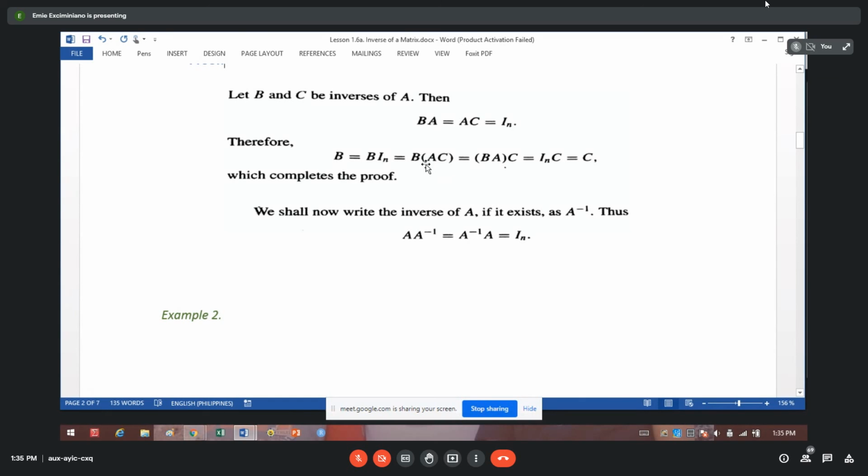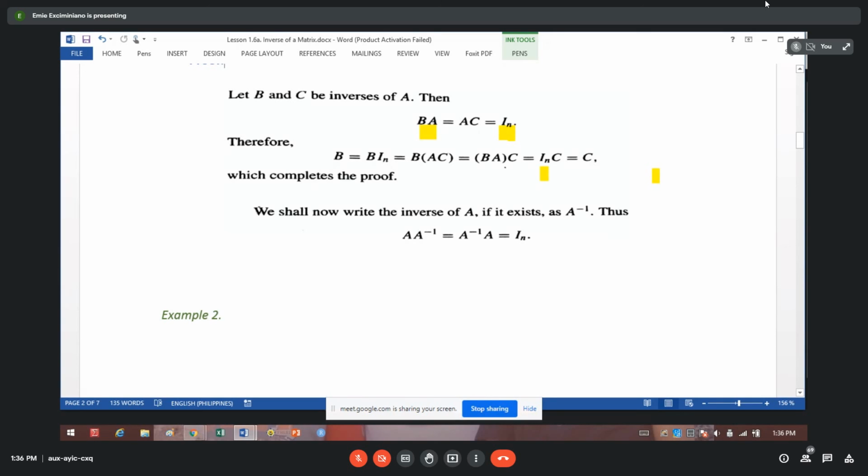Pinalitan ko yung AC. And by associativity law, inaral natin yan in the earlier lessons, quantity BA times C is equal to B times AC, ito yon sa taas. BA is just I_n. Ni-replace lang. So, times C, it's the same as C. So, therefore, obviously, B and C are one and the same.